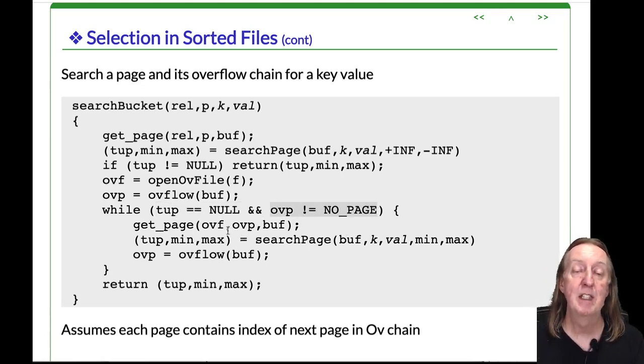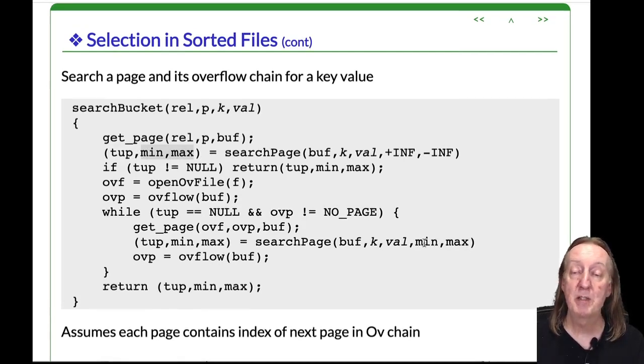Alright, so we get the next page from the overflow file and store it in the buffer, and then we search this buffer. Now notice that now we're using min and max because those values were set when we looked at the primary data page.